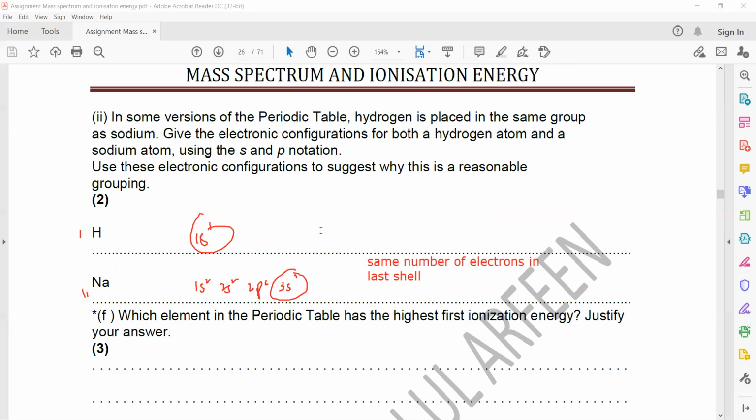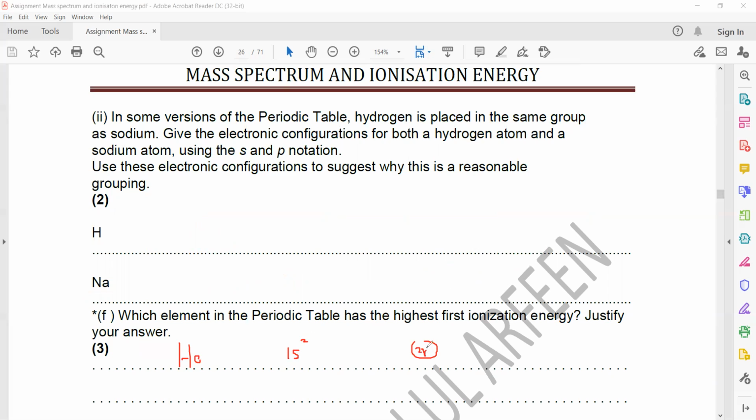Which element in the periodic table has the highest first ionization energy, and justify your answer. That's helium. And what is the reason why helium has the highest? Because it is 1s2 and there are 2 protons and 2 electrons. In the case of hydrogen, there is 1 proton and 1 electron, and the configuration is 1s1.